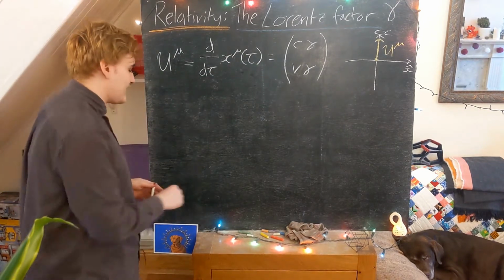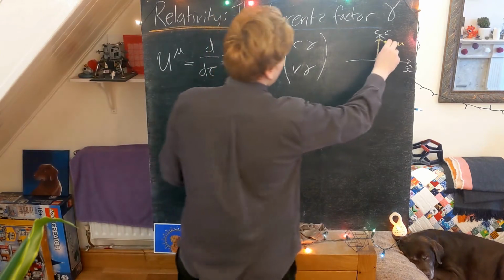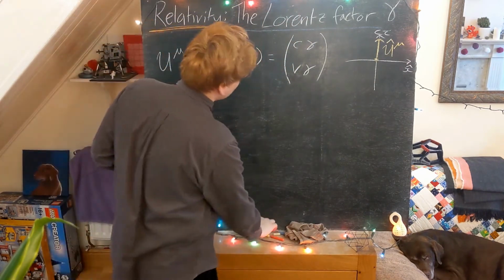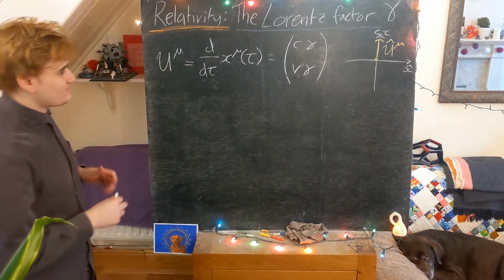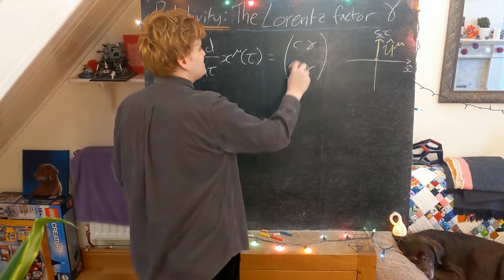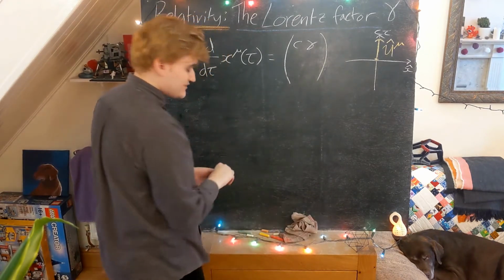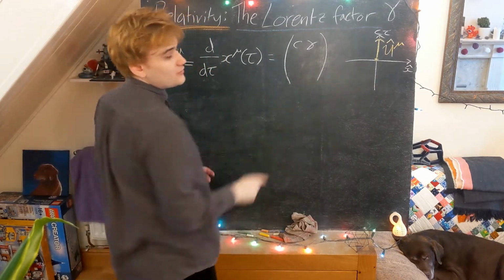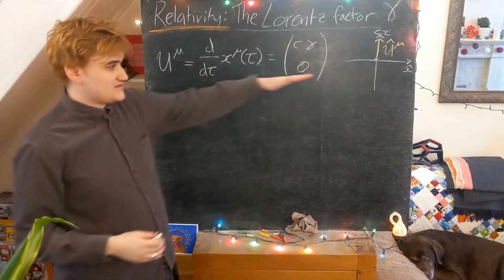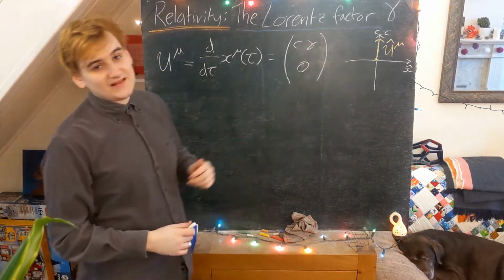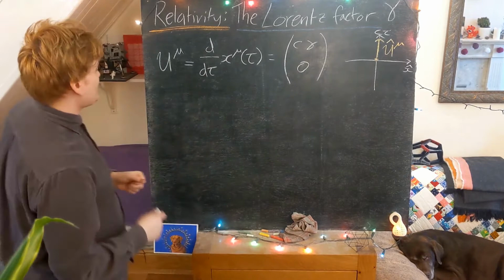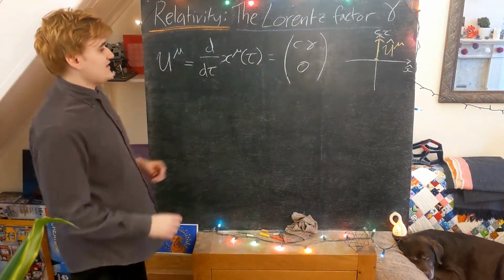If we now realise that in our own frame, I'm going to denote our own frame just with a hat so we can keep track of what's what, this coordinate velocity is obviously 0. We don't move through the spatial coordinate of our own frame at all. The four-velocity has no space component, it just points completely up along the time direction, and so its expression is simply c gamma.